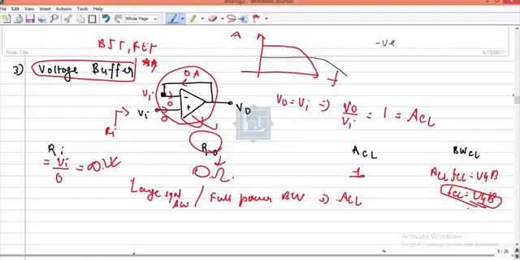Because we have applied negative feedback in this circuit, the gain is decreasing but the bandwidth is increasing. For the red one, the open loop frequency response, you can see that the bandwidth is less and the gain is more. This was the question asked to me in the interview.